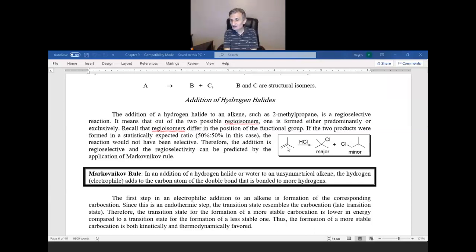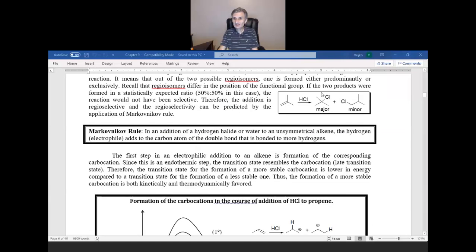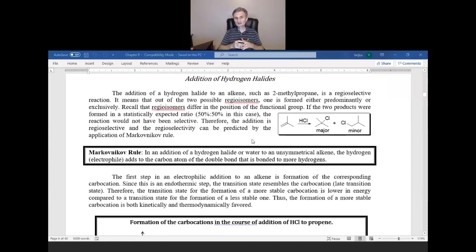And indeed, it is regioselective, because we end up with the more substituted alkyl halide. That was observed a long time ago, in the 19th century, by the Russian chemist Markovnikov, who formulated the Markovnikov rule. This was an empirical rule. He had no idea about the reaction mechanism or anything like that. Simply, he did a lot of reactions, and based on the outcome, he formulated his rule.